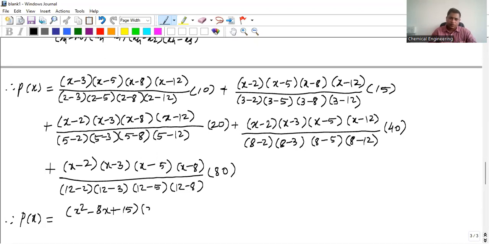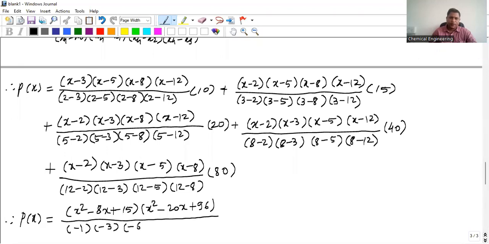Then into this will be x square minus 20x, plus what you can have? Is it 96? Are you getting this? Yes. So now see this denominator. So it is going to be minus 1. This is minus 3.